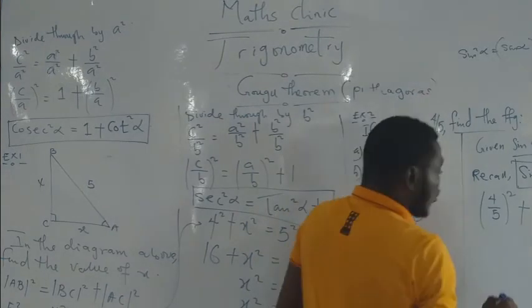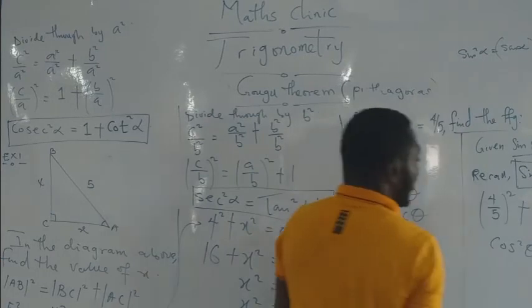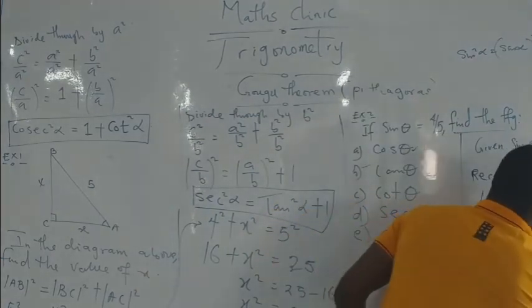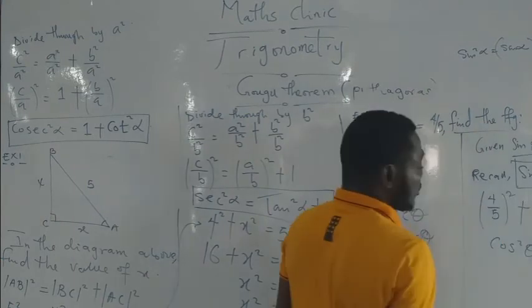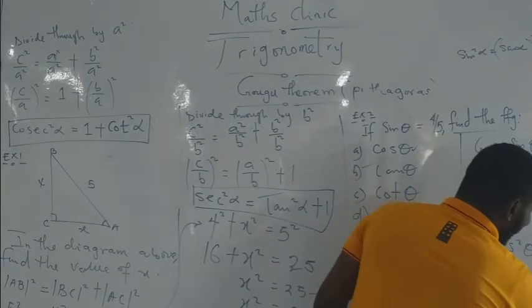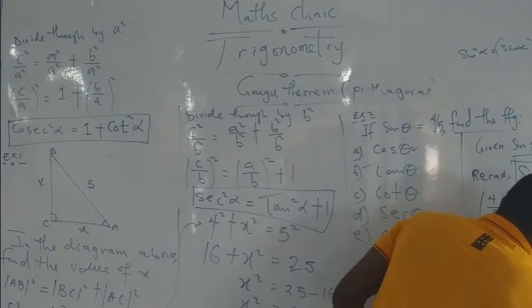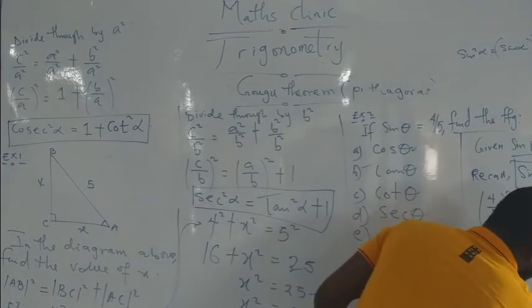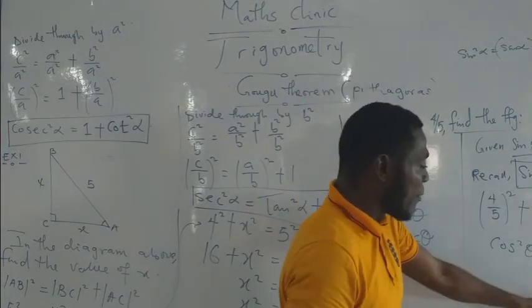So cos squared theta equals 1 minus 4 upon 5 all raised to the power of 2, which gives 1 minus 16 over 25. 1 is the same thing as 1 over 1, so we look for the LCM. The LCM of 1 and 25 is 25.